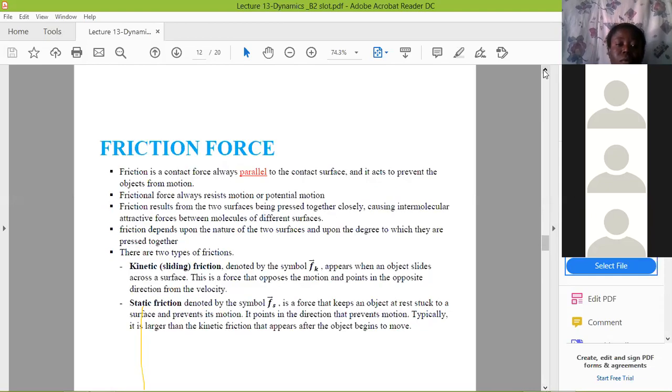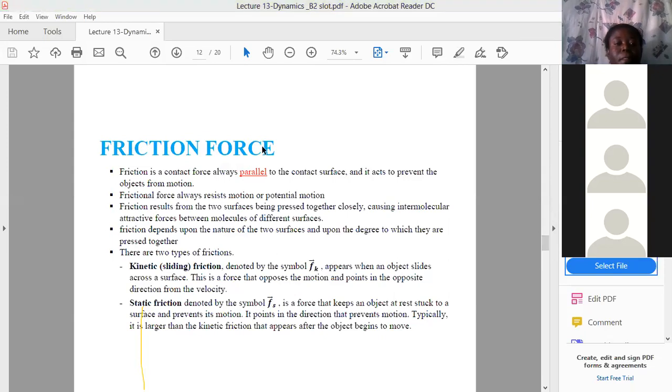If you have an object placed horizontally on a surface, and this surface has friction, and you apply a pushing force to push this object in that direction, then as this object moves, since the surface has friction, there is a force acting in the opposite direction of the applied force.